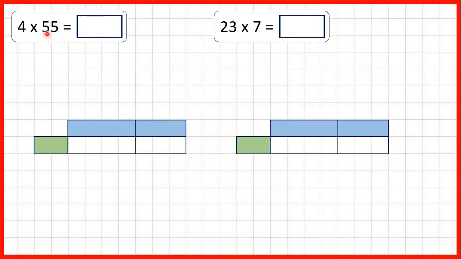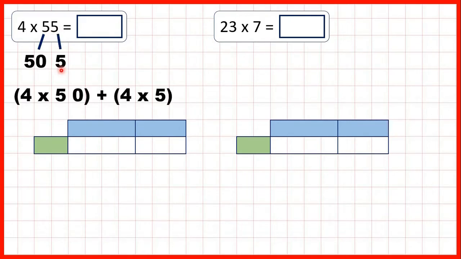Now we need to multiply by a 2-digit number using the grid method. First, we have 4 times 55. So what we can do is first of all partition our 2-digit number into tens and ones. With 55, we have 5 tens, so that's 50, and 5 ones, so that's 5.